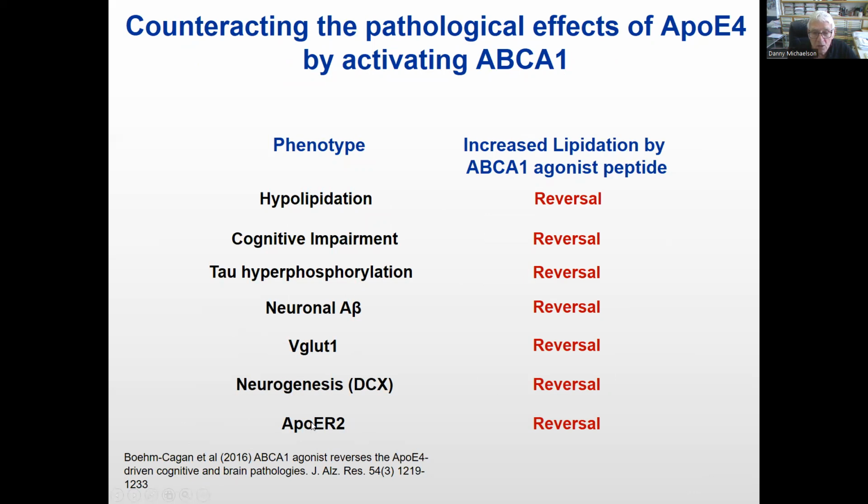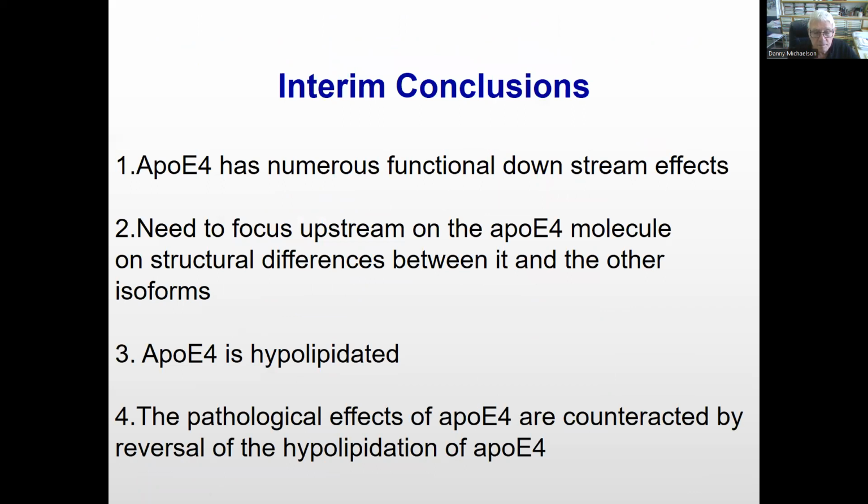So we have here a whole slew of parameters, all of them leading to the conclusion that if we modulate the system in a direction of activation of ABCA1 and increased lipidation, we can counteract the E4-driven phenotypes. As shown below, the pathological effects of E4 are counteracted by reversal of the hyperlipidation of E4.